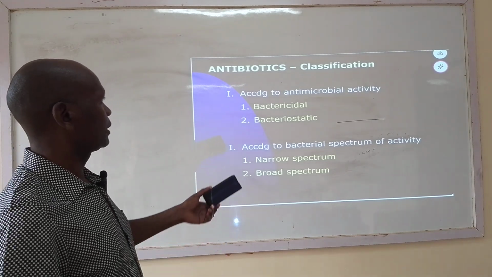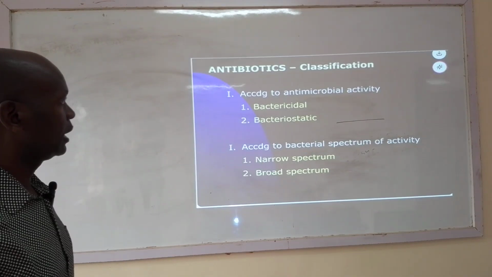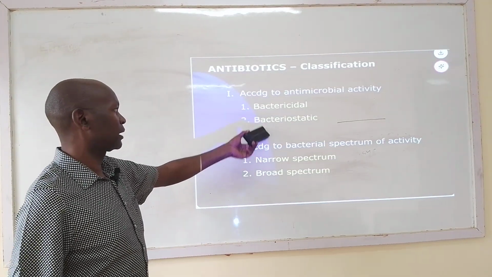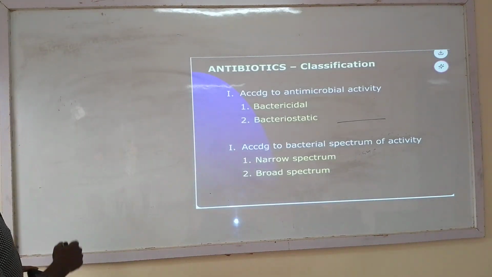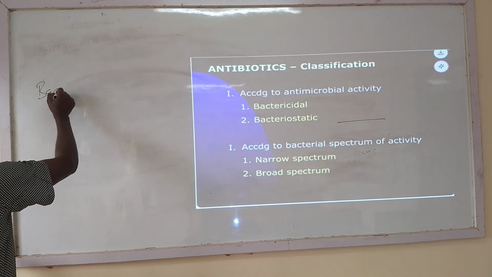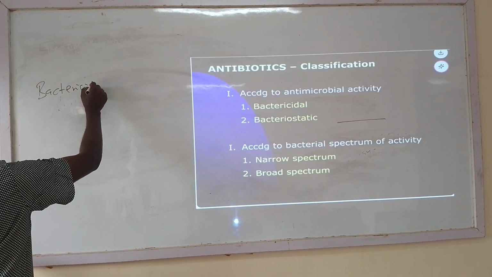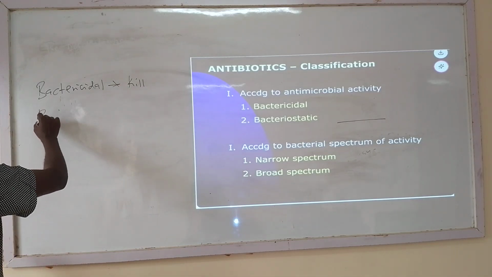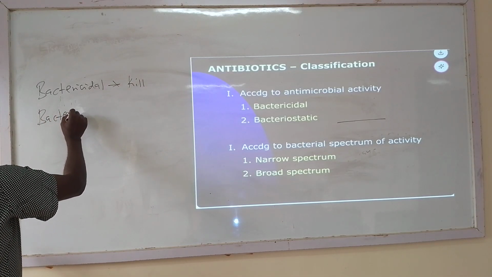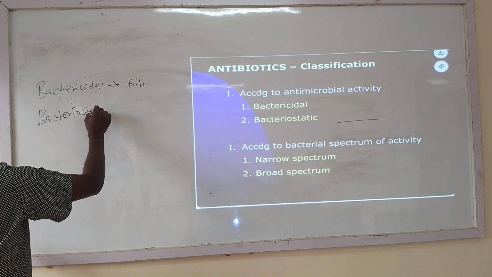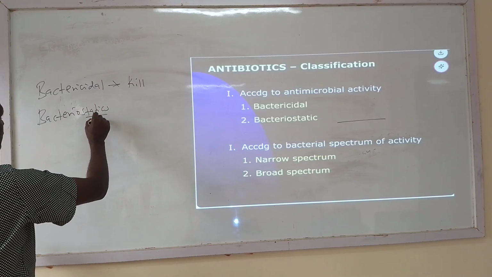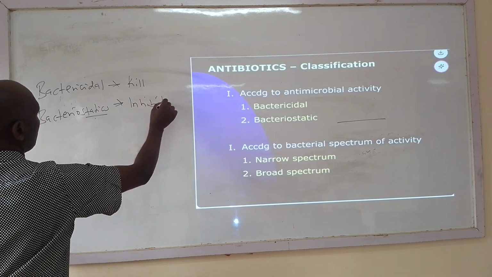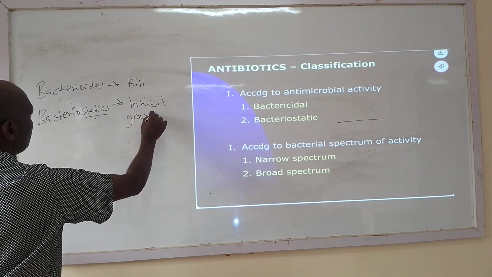When we classify antibiotics based on antimicrobial activity, we have two: bactericidal and bacteriostatic. Bactericidal ones kill the bacteria, while bacteriostatic ones, from the word static, inhibit growth of a bacteria.